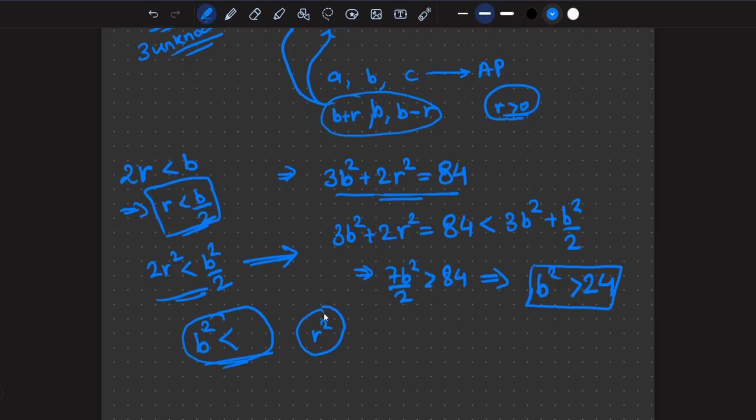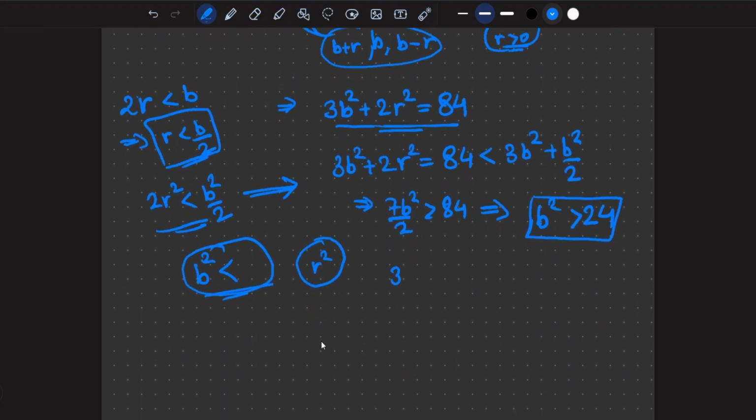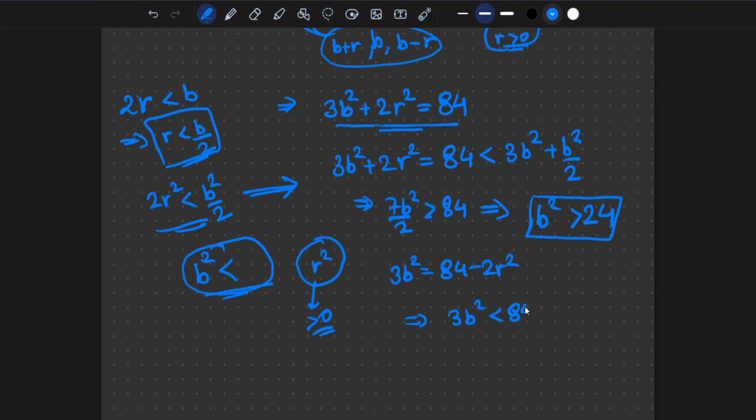Since it is given that a is greater than b greater than c, the sides are unequal, so r square has to be positive; it cannot be 0. From here I can say that 3b square is equal to 84 minus 2r square, and so 3b square would be less than 84. So from here we get that b square is less than 26.